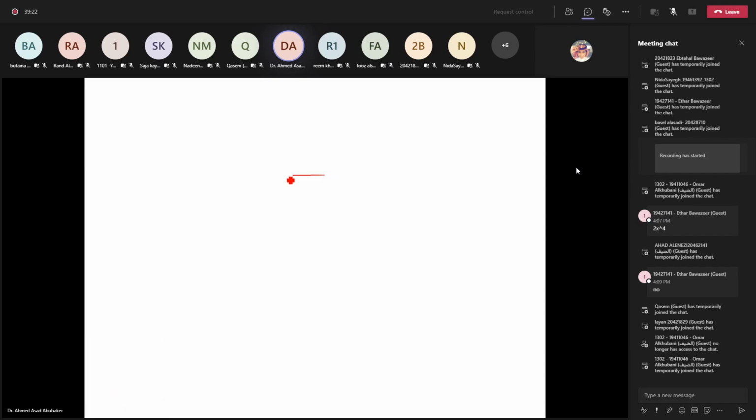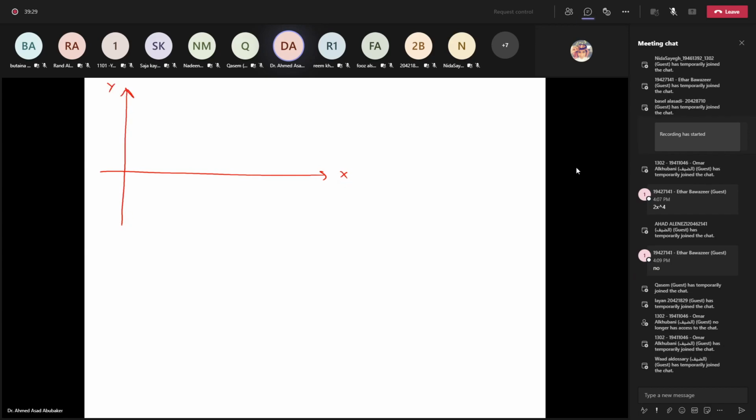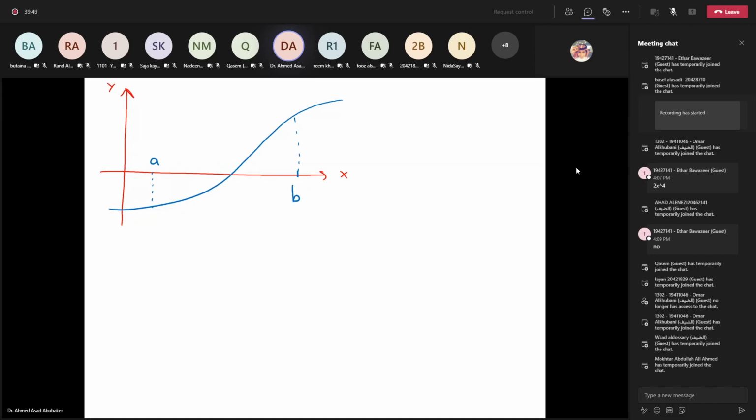If we have a curve on the xy plane, some part of this curve over the x-axis and some under the x-axis, and we need to find the area between the x-axis and the curve from A to B. So we have here two regions, this one and this one.